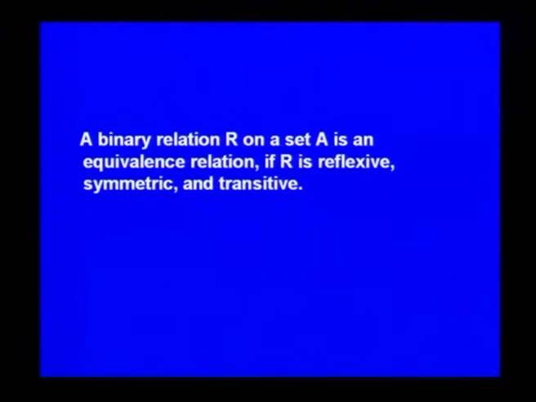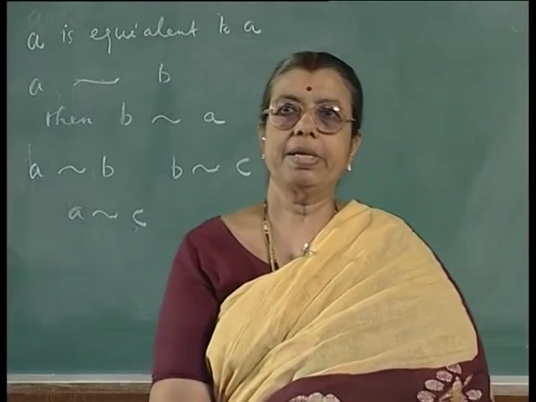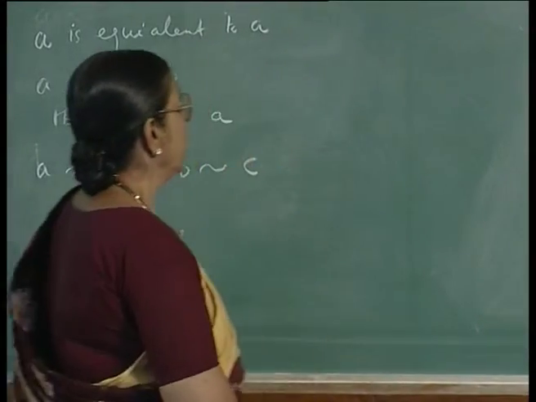So, it can be defined like this: a binary relation R on a set A is an equivalence relation if R is reflexive, symmetric and transitive. So, if a binary relation has these three properties, reflexive, symmetric and transitive, then it is called an equivalence relation. Let us consider some examples of equivalence relation.